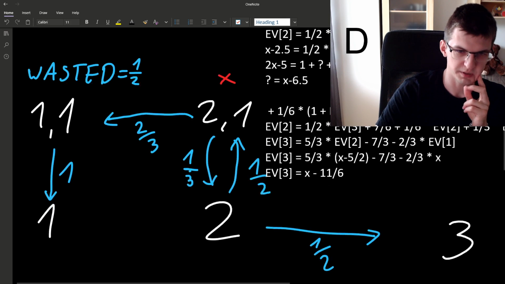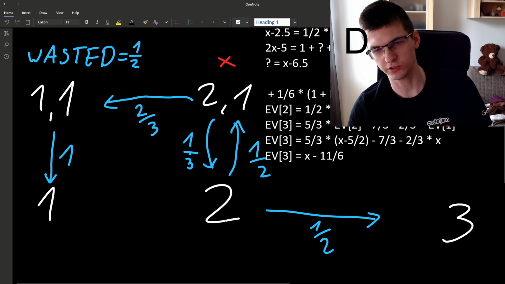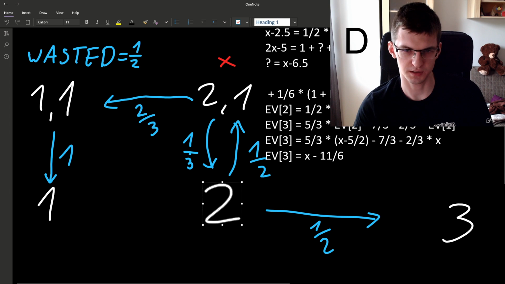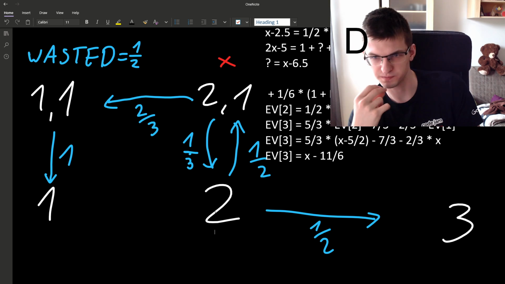I need to look for a mistake. Let's try to be careful. There are 2 people. One of them has 2 cookies, and there is also one unassigned cookie. Assigning a cookie costs 1 move.